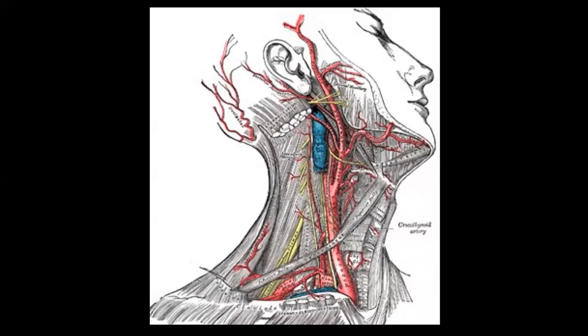Now look at the internal jugular vein. Internal jugular vein is formed above from the cranial cavity, dural venous sinuses. They all join together and pour blood from the cranial cavity into the internal jugular vein. You just need to mention the name internal jugular vein and where it is draining.